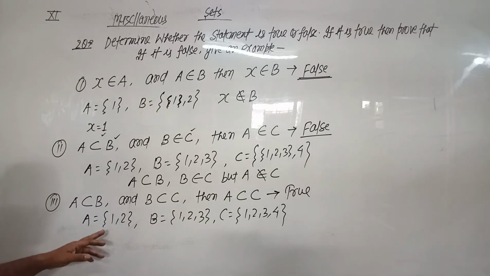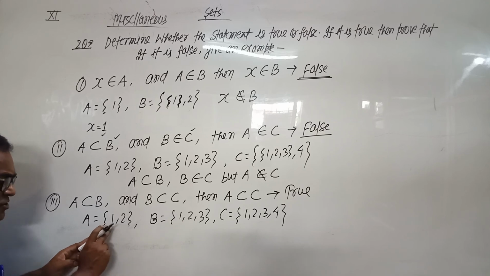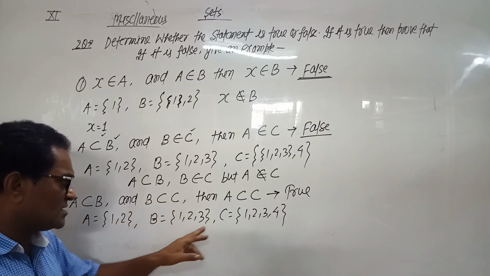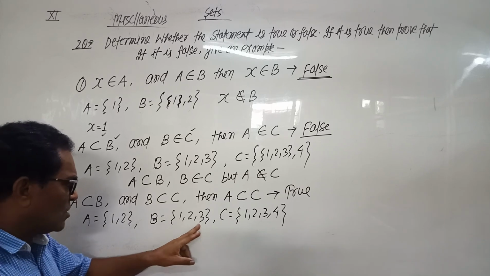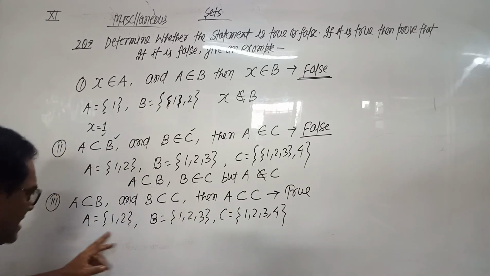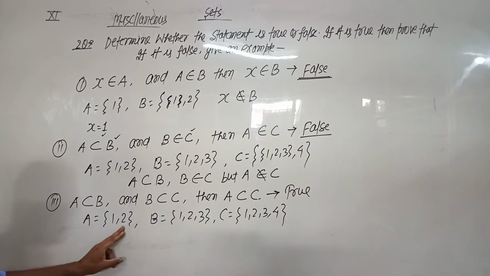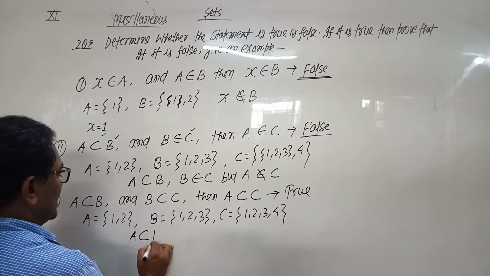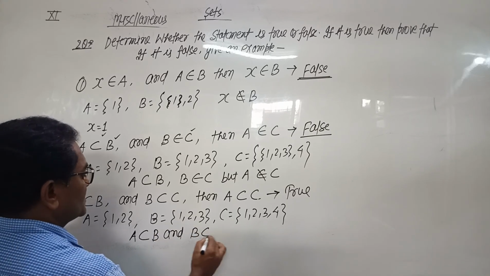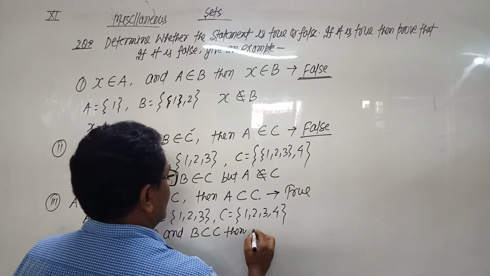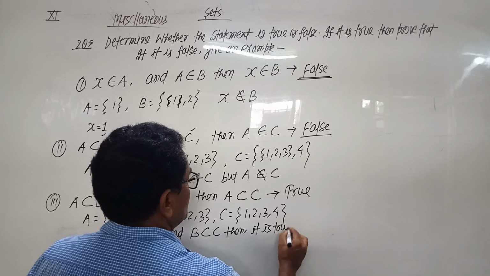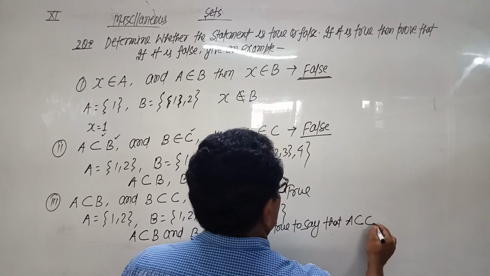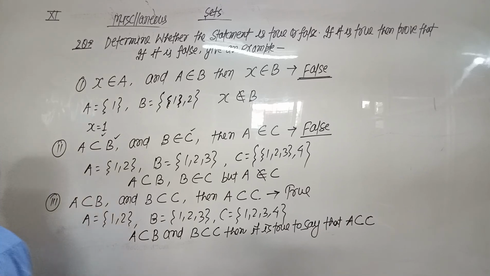Then we observe that A is a subset of B because every element of set A is also an element of set B, and B is also a subset of C because every element of B is an element of C. Then A is also a subset of C because every element of A is also in C. So A is a subset of B, and if B is a subset of C, then it is true to say that A is a subset of C. So this statement is true.